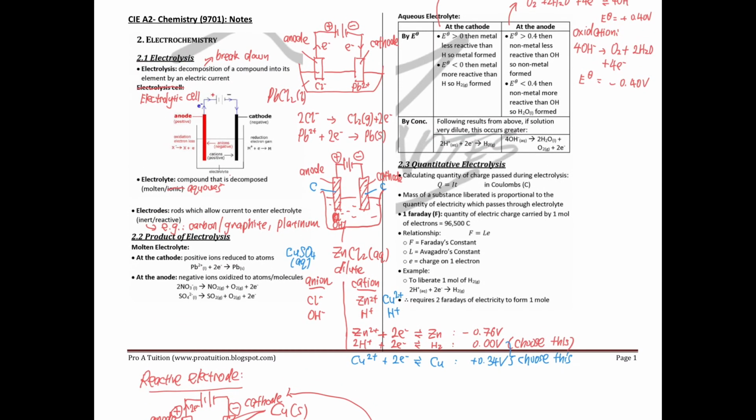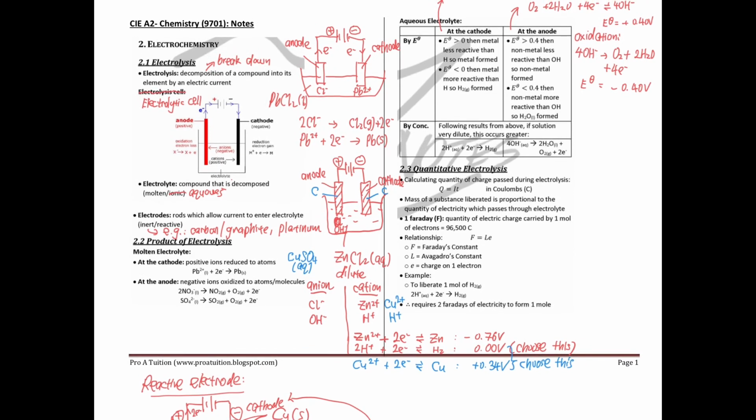The note here, you may refer to the first point at the cathode. E theta greater than 0 for the metal ion. So the example is copper 2 ion, 0.34, more than 0. If it's more than 0, then the metal is less reactive than H. So they tend to go forward to form copper metal.